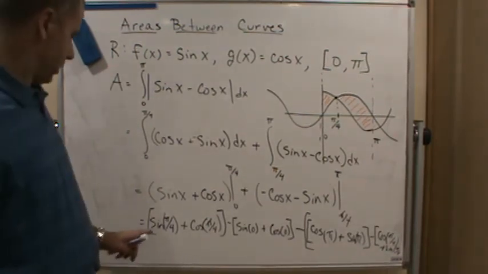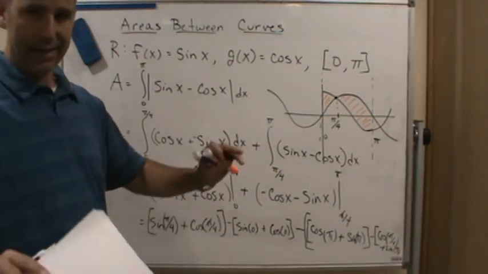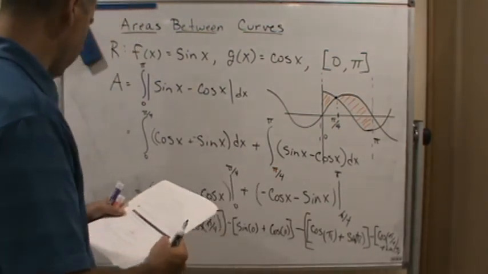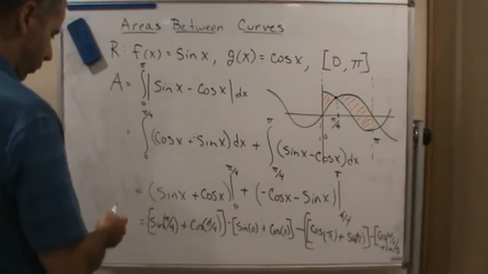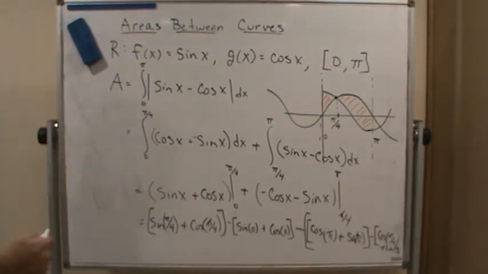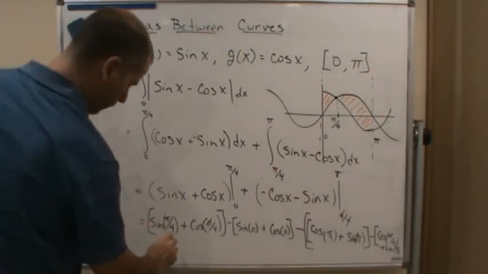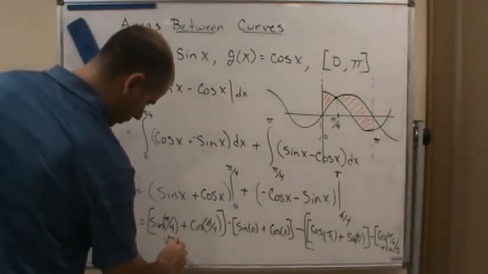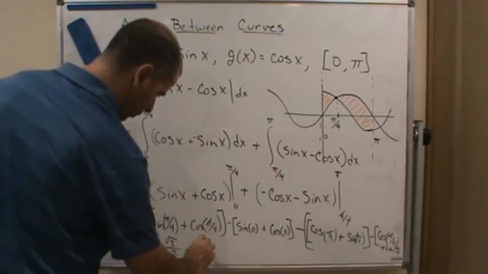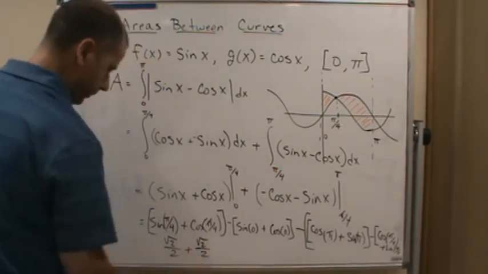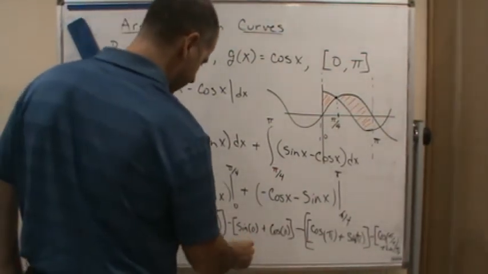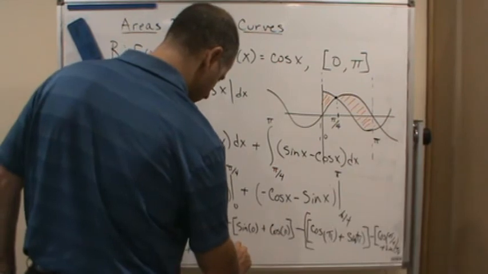You're just evaluating this, and this is stuff you should know how to do. The sine of pi over 4 is, like we said, 1 over the square root of 2, or square root of 2 over 2. Cosine of pi over 4 is square root of 2 over 2. Sine of 0 is 0, cosine of 0 is 1.